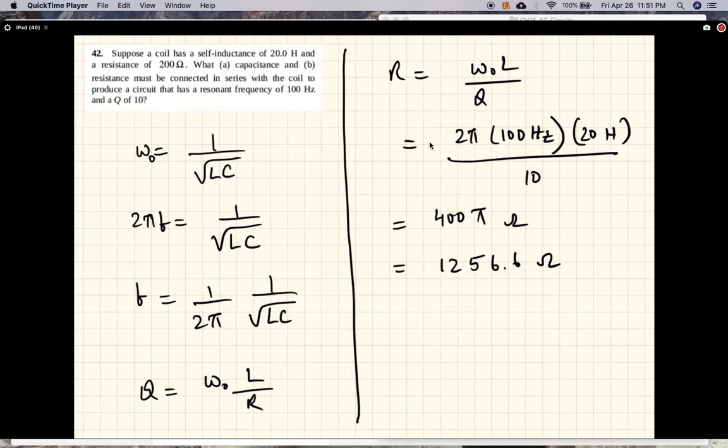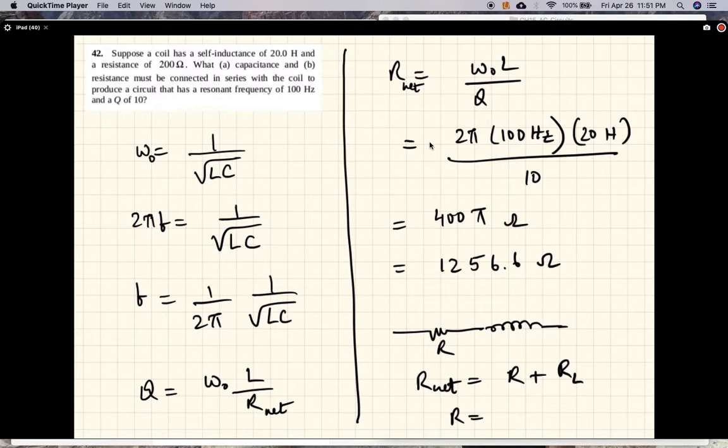So since this is the net resistance in the circuit, and the inductor has a resistance as well, R net is equal to R plus the resistance of the inductor.